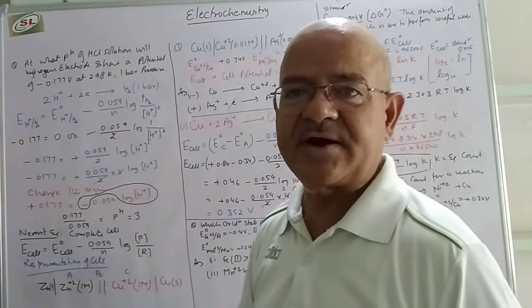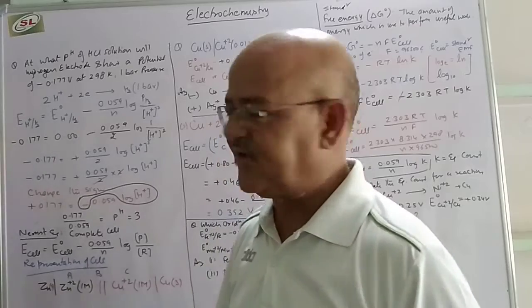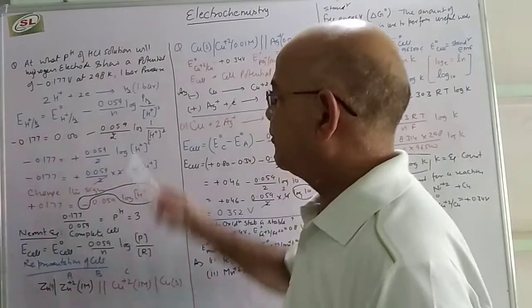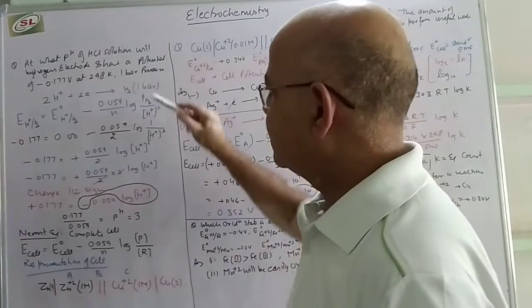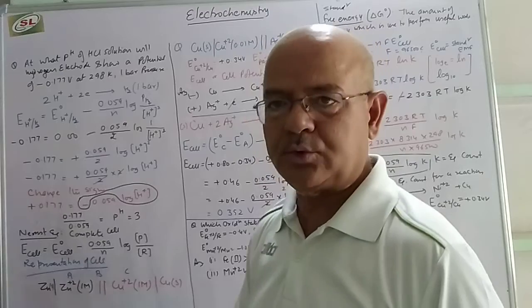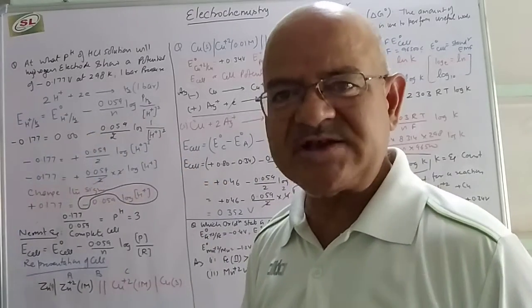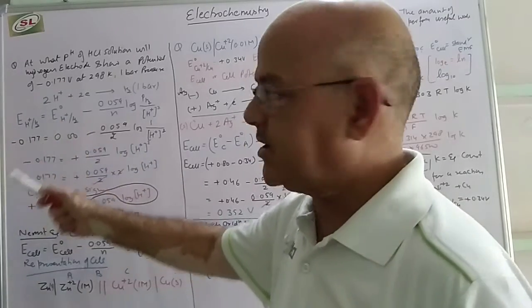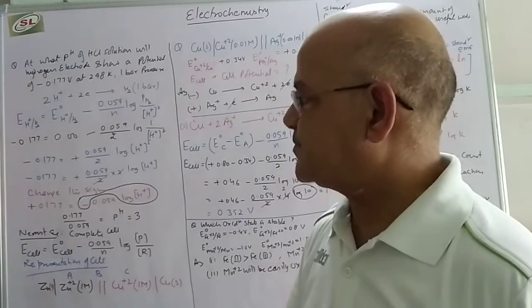N is the number of electrons gained or accepted or exchanged. Log of product, because product is gas, so we will write partial pressure of H2 upon the reactant, which is 2H+. According to the law of mass action, the stoichiometry will go in power, so it will become H+ square.